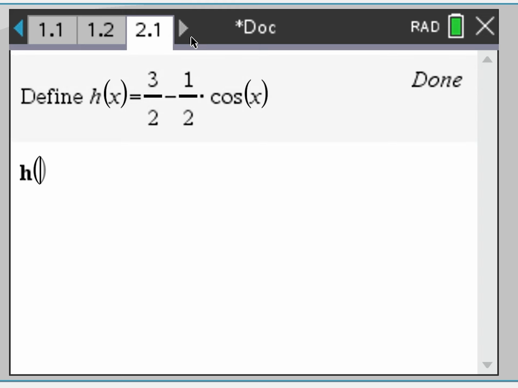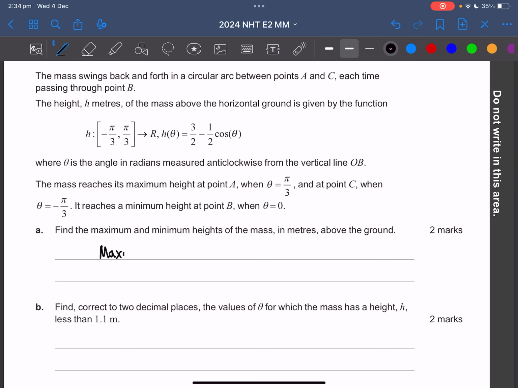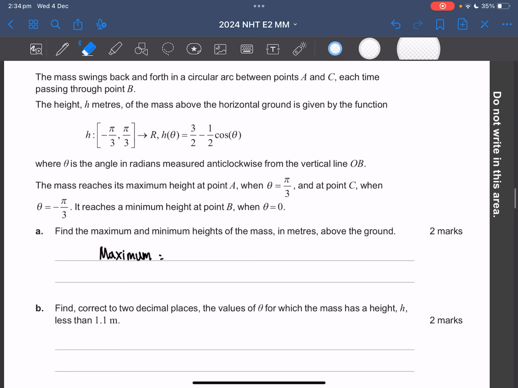So let's find the maximum. Maximum will occur at pi on 3. There you go, so 5 on 4, and minimum will occur at h of 0, 1. Okay, so that's that. So maximum is equal to 5 on 4, and minimum equals 1 meter.